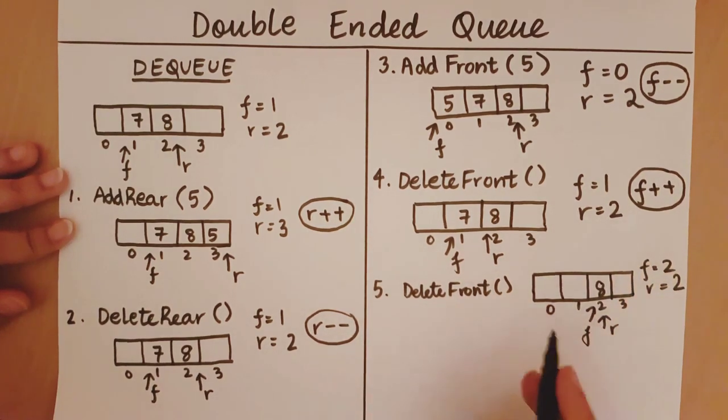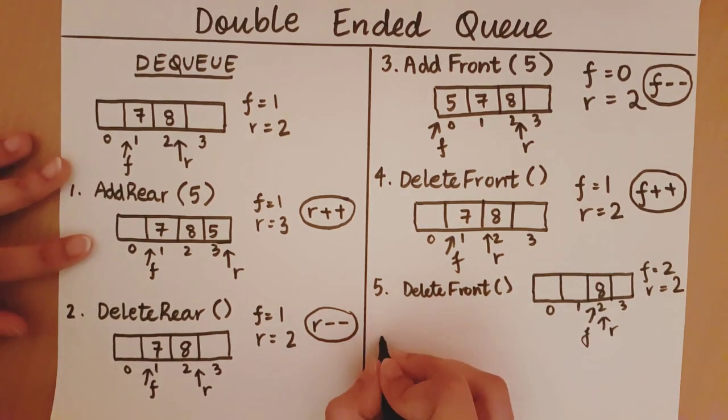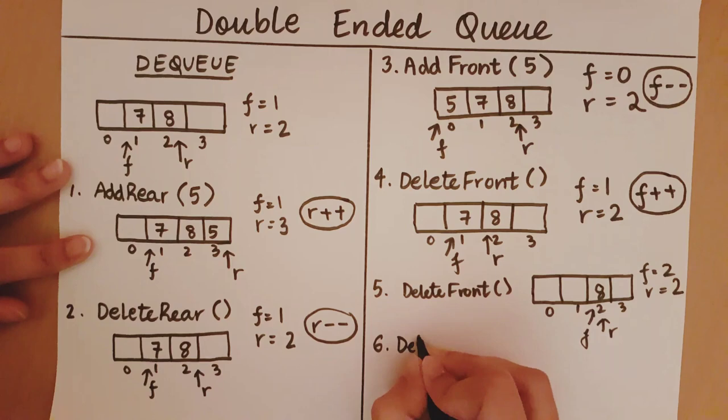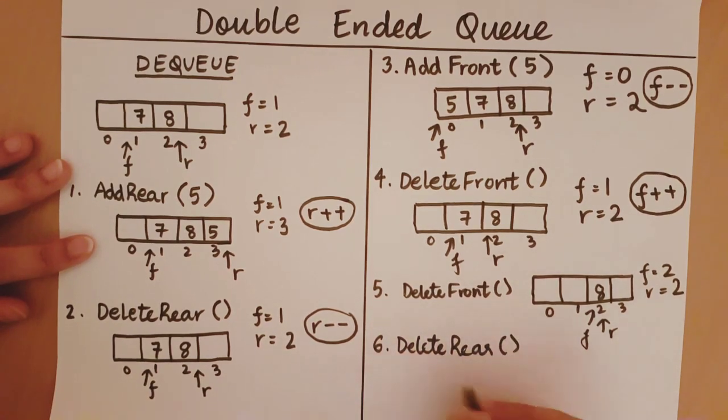Now, to this queue, if I delete from the rear, I'm going to get a queue which looks something like this.